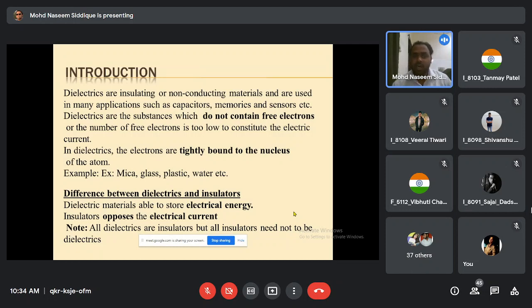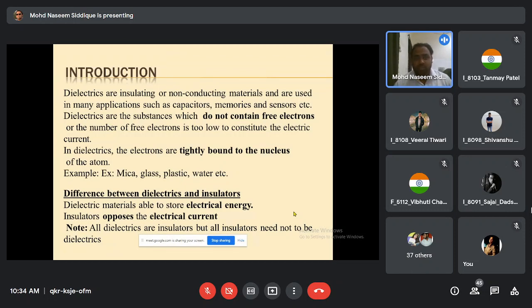Dielectrics are the insulator, but all the insulators can never be dielectric. It will be discussed later, but in the starting, the dielectrics are just the insulator or non-conducting material. As the dielectric can store the electrical energy, we use the dielectrics in capacitors, memories, and sensors, etc.